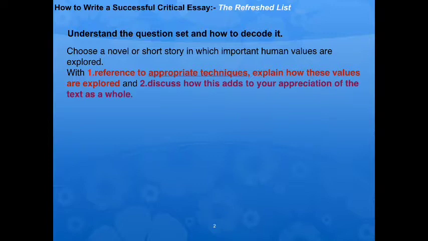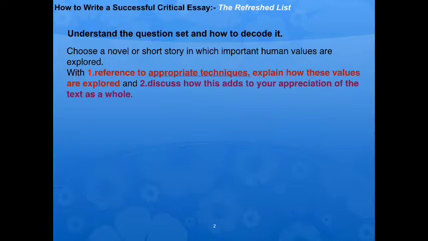You cannot separate the human values from the appropriate writer's techniques. They are absolutely required in any way that you answer that question. I suggest that you have maybe 3 main sections to your essay. Take human value 1, human value 2, human value 3 if you have time to go that far.